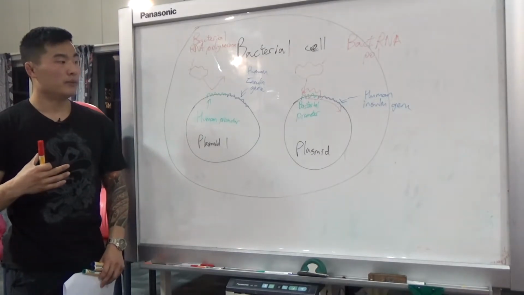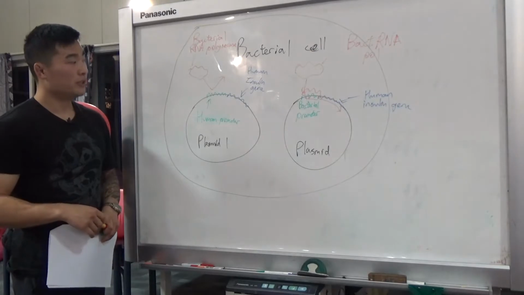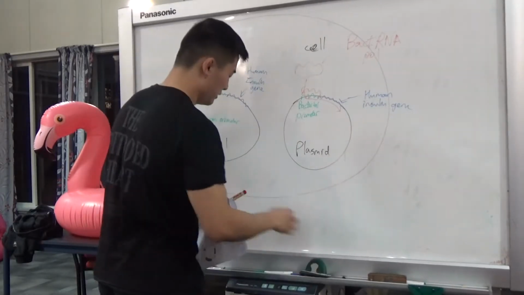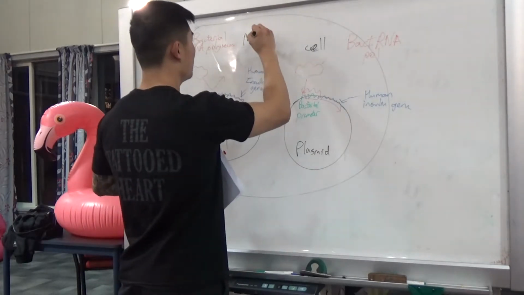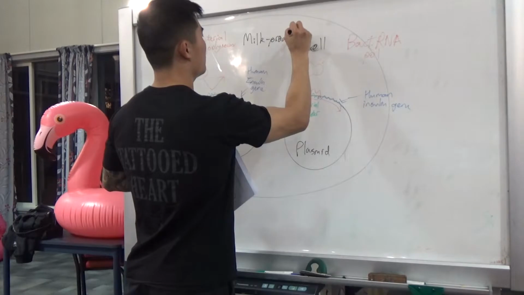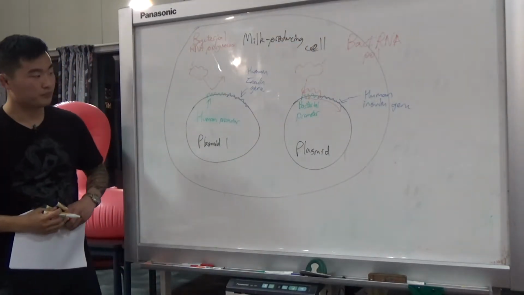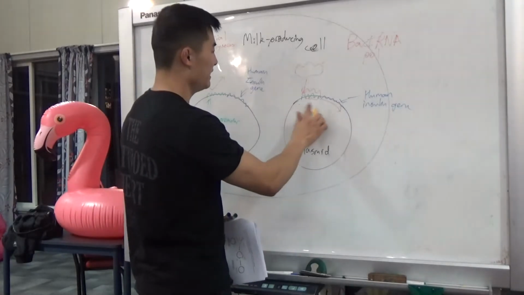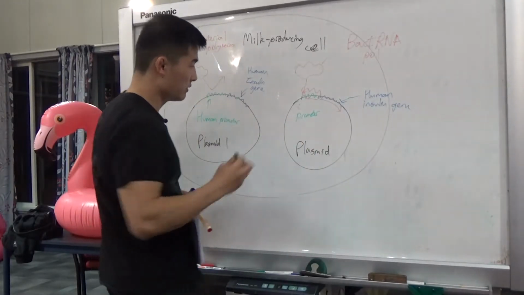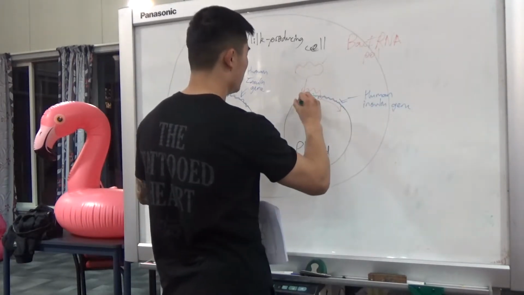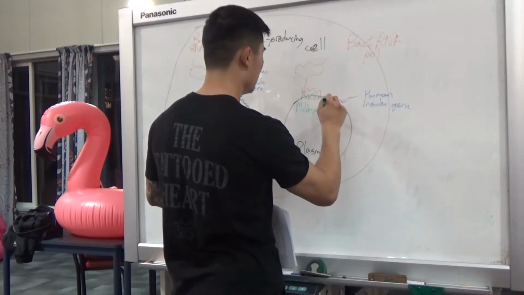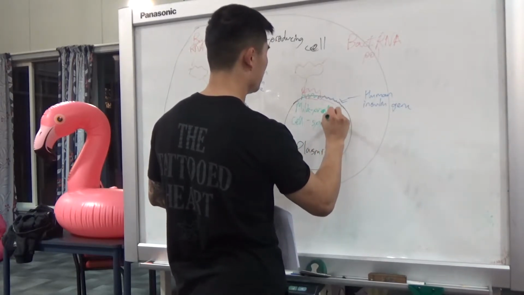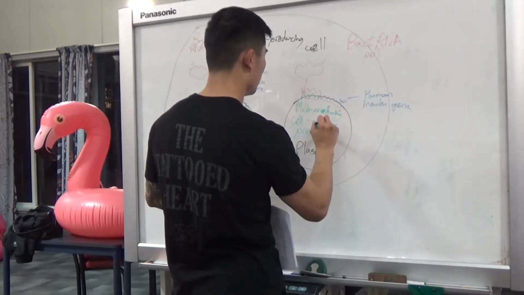Okay, and also let's say you only wanted to produce the protein in a milk producing cell, then this promoter would have to be a milk producing cell specific promoter.